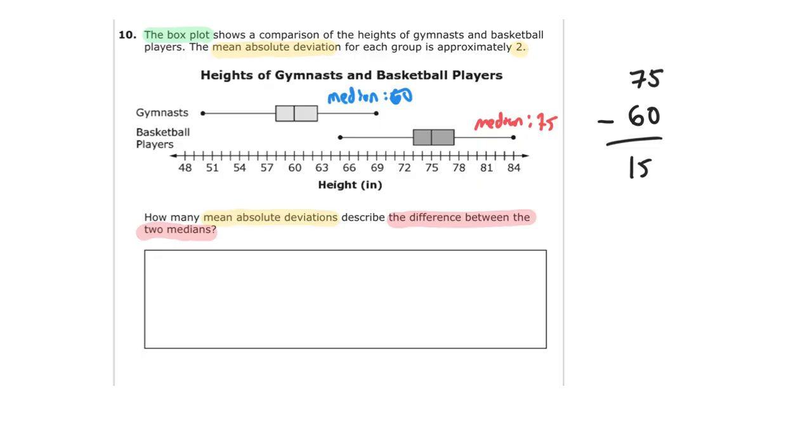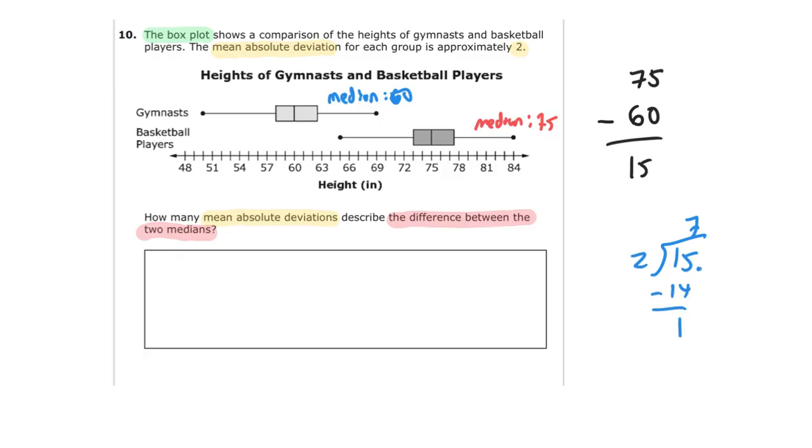So we have to find out how many blocks of 2 are between these 2 numbers, which is nothing more than taking that 15 and dividing it by 2. So 15 divided by 2 would be 7 because of 14, right? And then the remainder would be 1.